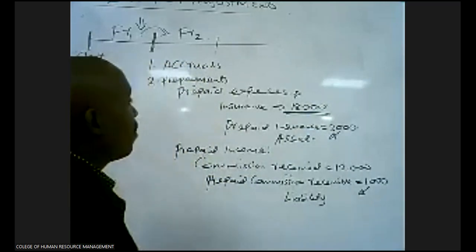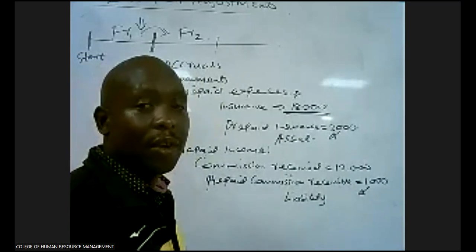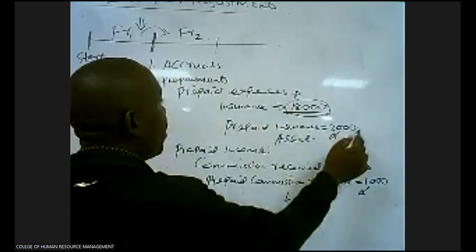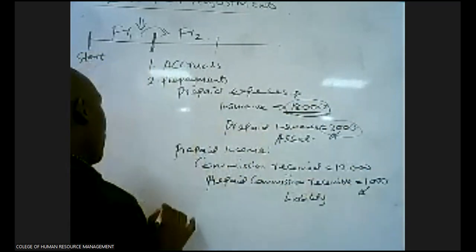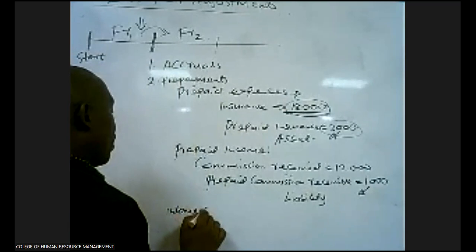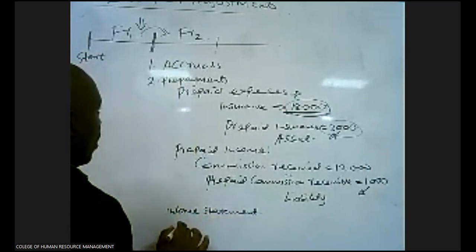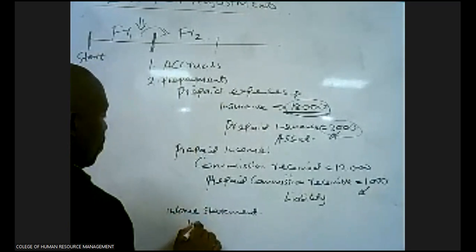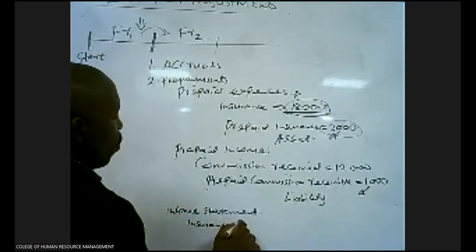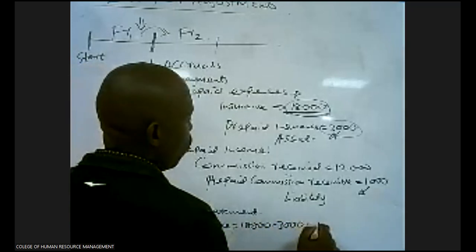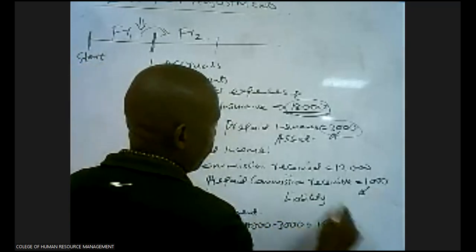But now, what is the amount that you are going to treat as a revenue or an expense? Remember we paid 18,000, but 3,000 was excess. In the income statement, what we are going to capture as the insurance expense, we shall take 18,000, minus the excess of 3,000, we shall capture 15,000.